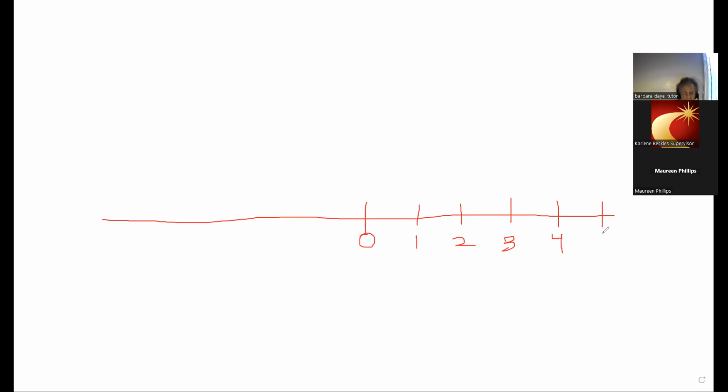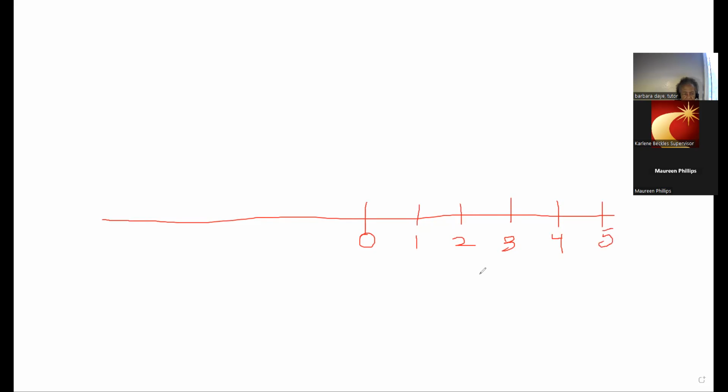Clear. Okay. Now let me draw a number line. I'll put 0 in the middle. And these are the positives over here, okay? 1, 2, 3, 4, 5.